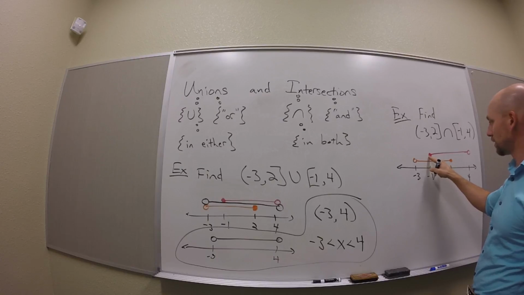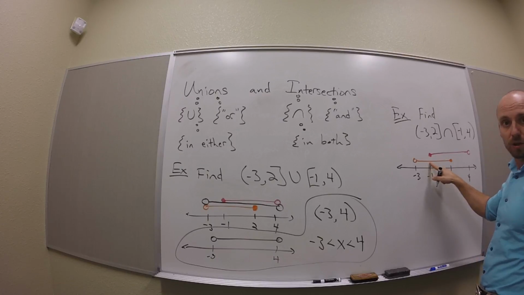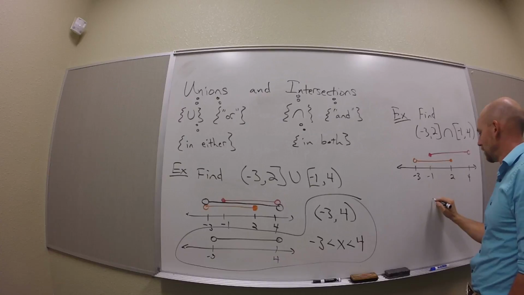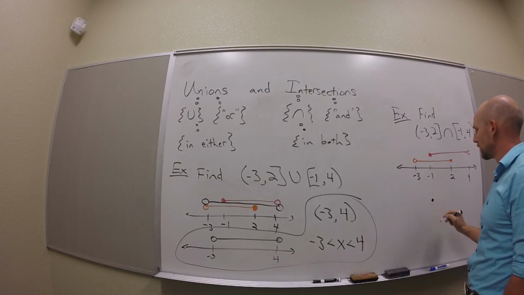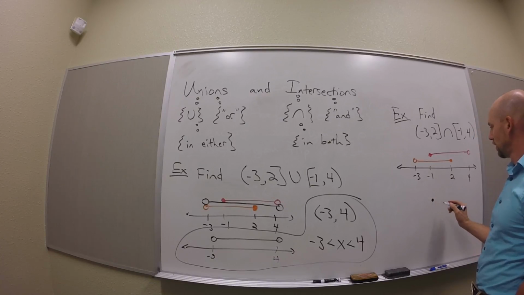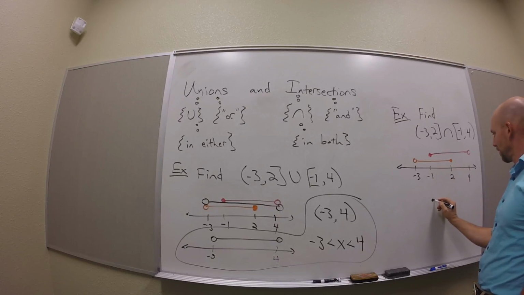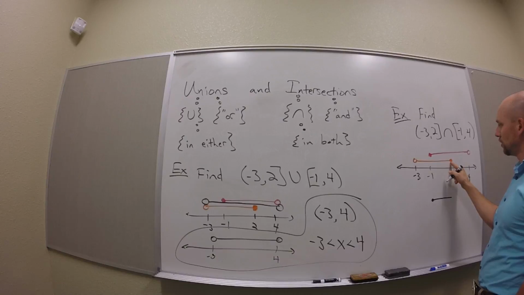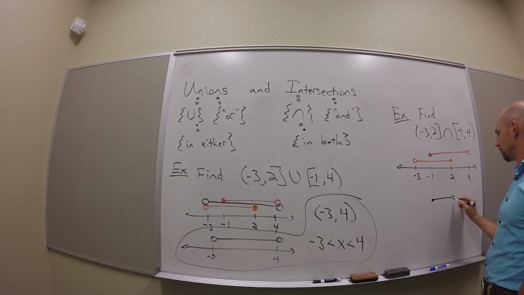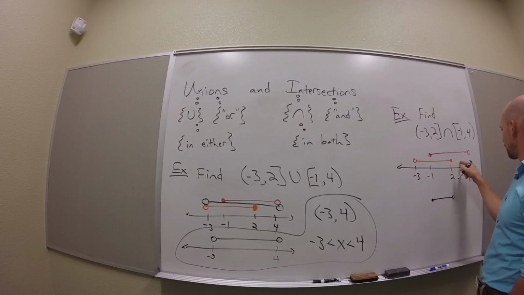It's included in this one because of this solid dot, and it's included in that one because of the line. So this thing's starting at -1, and then all through here, it's in both. And then when I get to 2, I'm done. After that, it's only in the pink one.